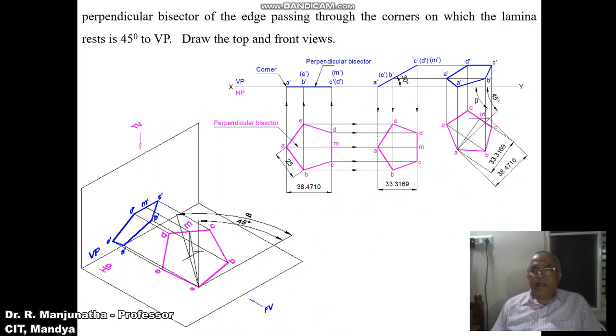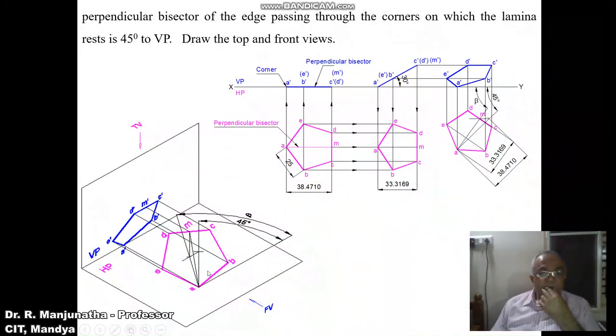To find the apparent inclination in the third position, first you consider any point and draw a horizontal line, and mark this point as A. With respect to A, you find the beta inclination. Then on that beta inclination, you reproduce the second position top view in this third position, that is AM, and then draw the front view, wherein you get the front view position.